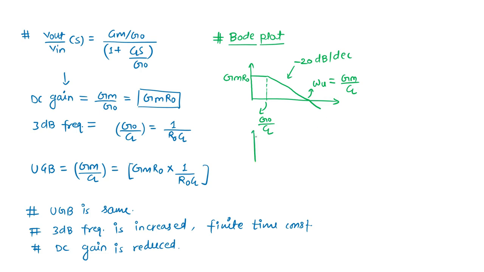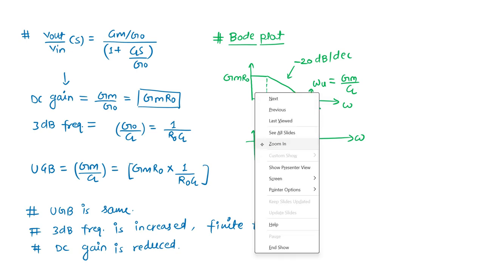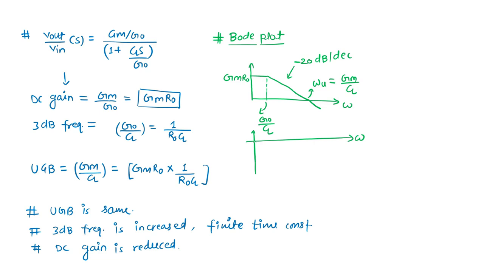And what will happen? We can see on the phase plot. This is the omega in the log scale, and the phase plot. We'll see that phase is starting at 0, and at the 3 dB frequency, it is reaching minus 45.